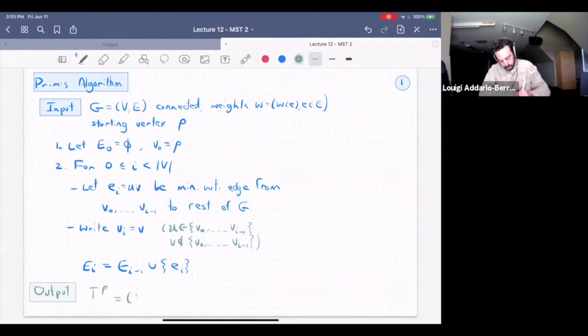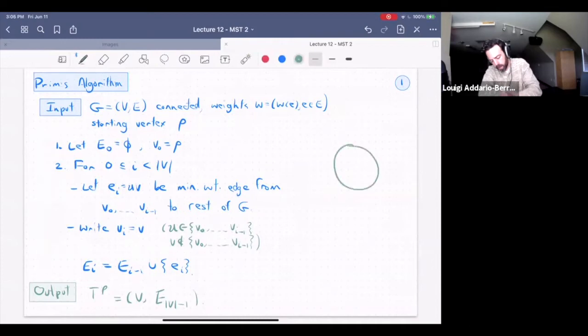Okay, and the output then is just the graph with edges E, the final edge set, E_{V-1}. So that procedure, I hope, is fairly clear.